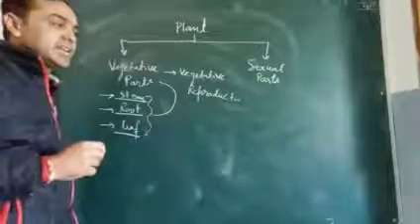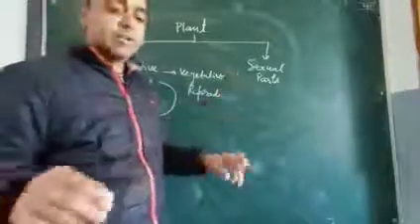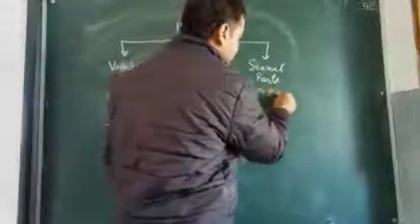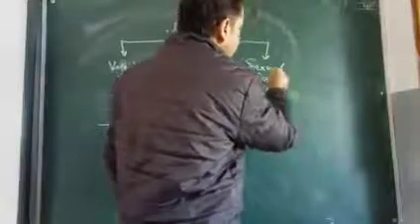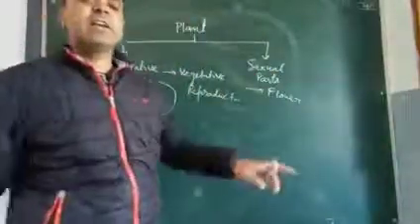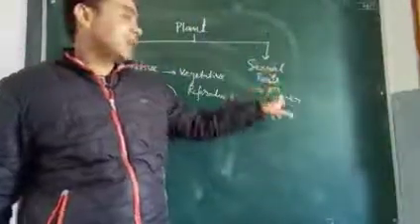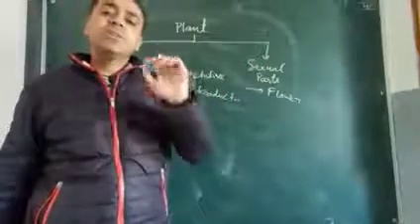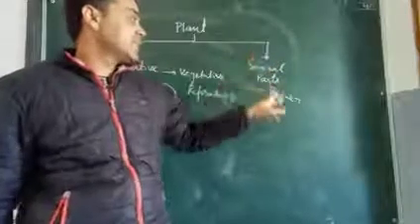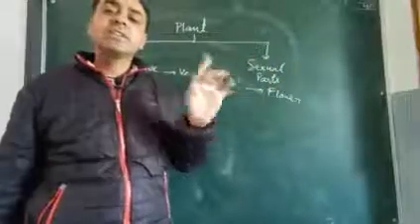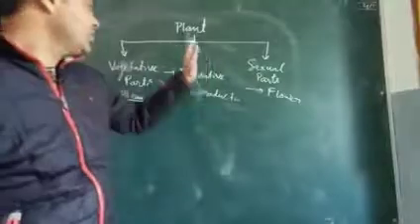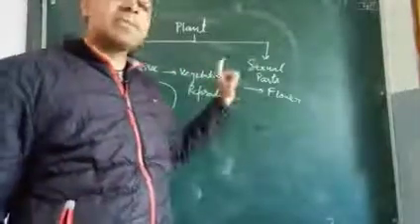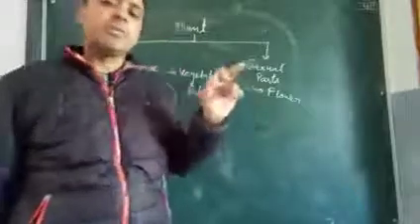But if the reproduction takes place by the sexual part, like the flower, the flower being the sexual part in the plant, because this flower contains both male and female reproductive parts, then it is called sexual reproduction. So in plants, it is a mode of asexual reproduction, and it is sexual reproduction if the reproduction takes place with the help of the flower.